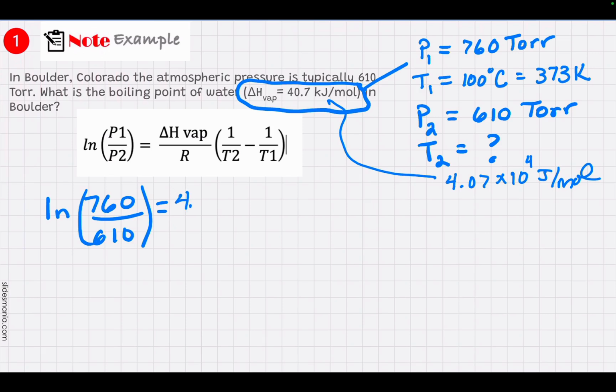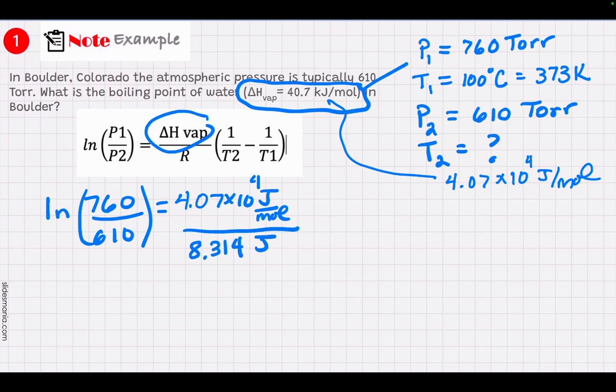So that's what I'm going to put in for my enthalpy of vaporization. And then my R value is on my formula sheet, joules per Kelvin mole. And then I'm going to multiply by 1 over T2, which is my unknown, minus 1 over 373.